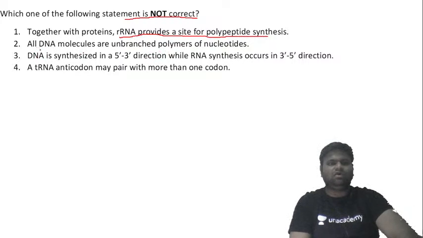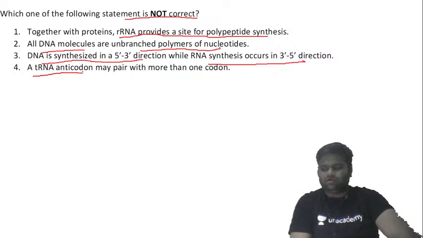Option 2 says all DNA molecules are unbranched polymers of nucleotides. Option C says DNA is synthesized in 5' to 3' direction, whereas RNA synthesis occurs in 3' to 5' direction. And option 4 says a tRNA anticodon may pair with more than one codon.